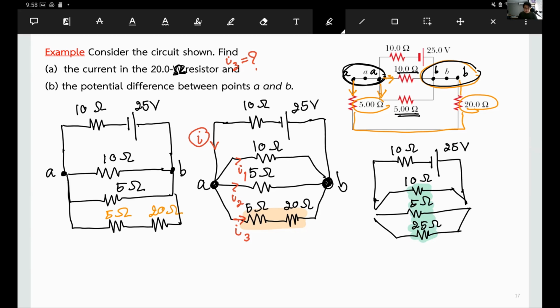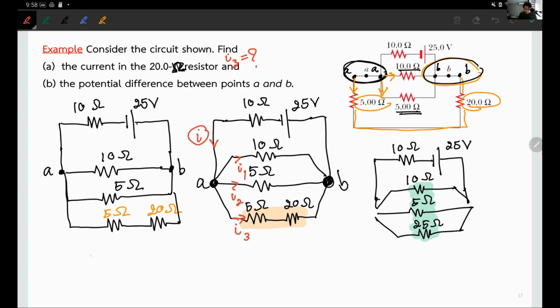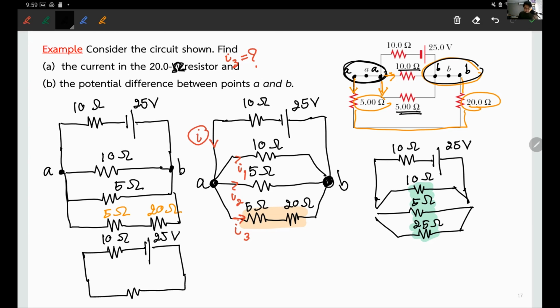Okay, so keep going. So what I can do now, let's use black. All right, here we go. So you have 10 ohms with the 25 volts. Now you can reduce everything down into a single equivalent circuit right here.